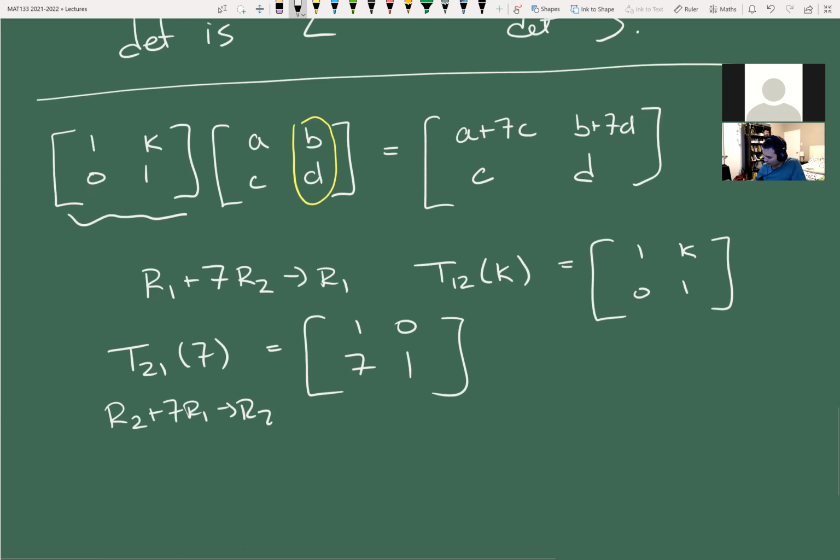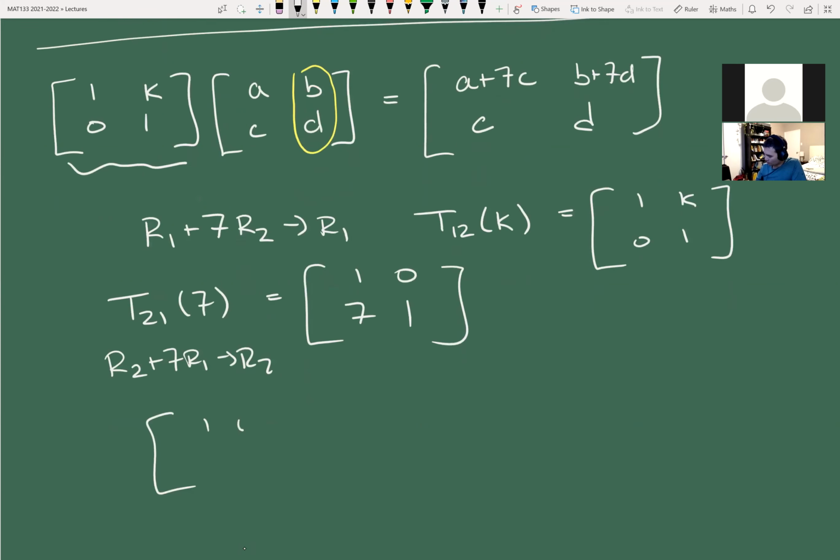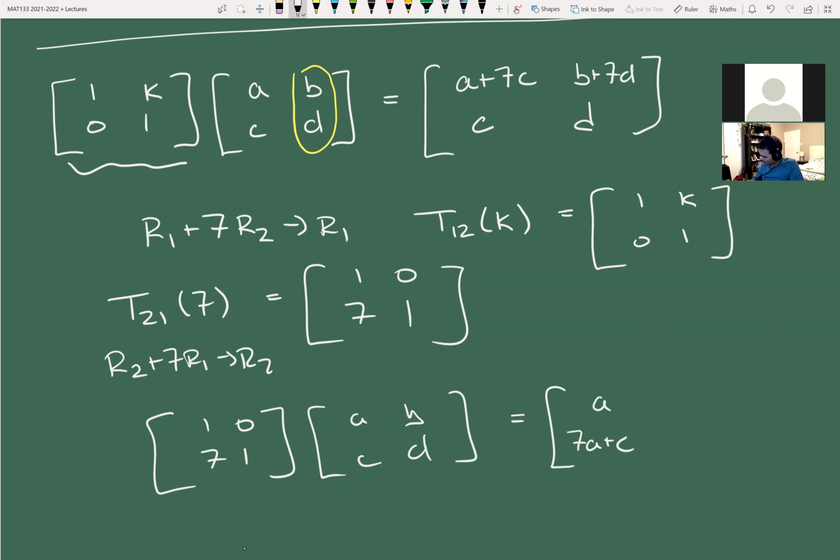So if you actually check that, with A, B, C, D, if we actually do this, what do we get? We get A, and then we get 7A plus C, and then we get B, and then we get 7B plus D, right? And that is exactly row 2 plus 7 row 1, right?